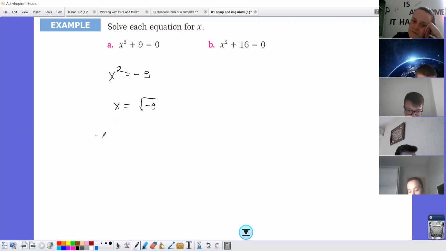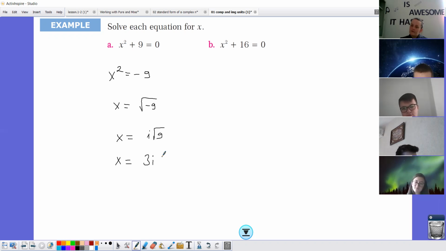X is equal to i root of 9, which will be 3 times 3, yeah, so 3i, let me write like this. Is something missing here? Plus minus. Yes, teacher, plus minus.